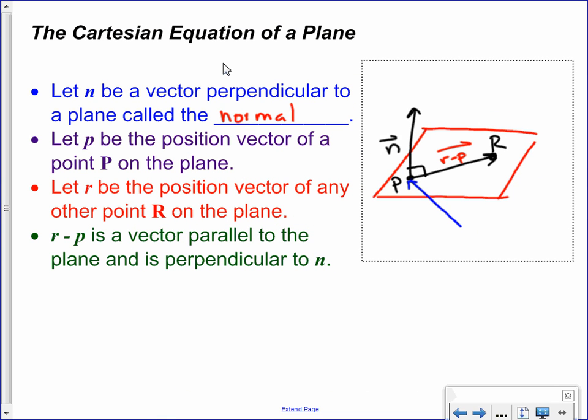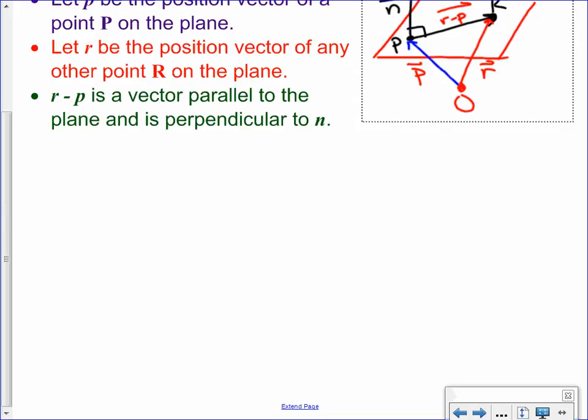We're describing the Cartesian equation of a plane. That's the origin. This is vector P to get to that point, and this is the vector R to get to that point. The beautiful part about the normal is that it's perpendicular to some line on the plane, so the dot product is 0. Remember, the Cartesian equation just has x's, y's, and z's in it.